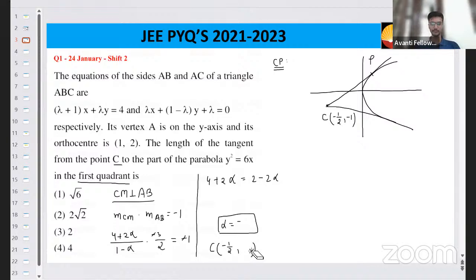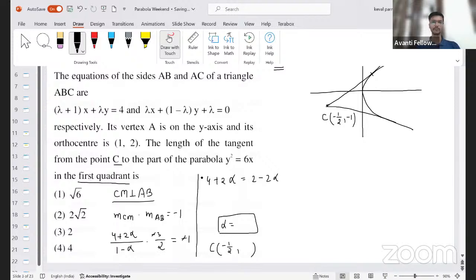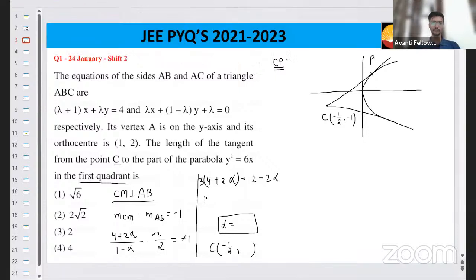Yes, so it should be 4 plus 2 alpha, we forgot 3, right? So it will be into 3. So 4 into 3 is 12 plus 6 alpha is equal to 2 minus 2 alpha. So 8 alpha is equal to minus 10. So alpha is minus 5 by 4.